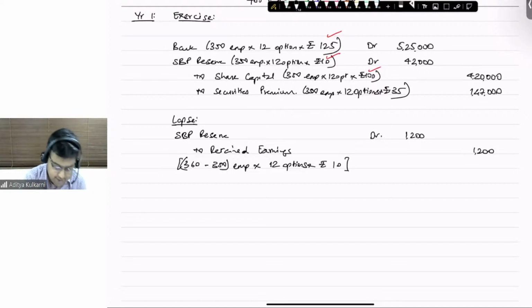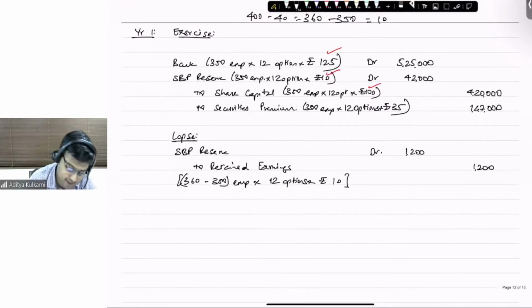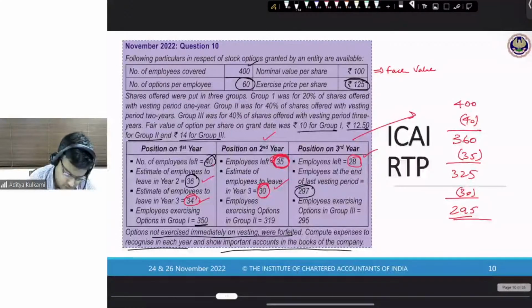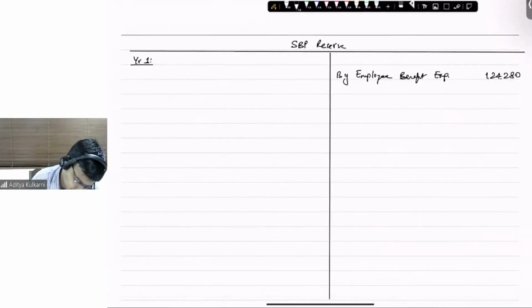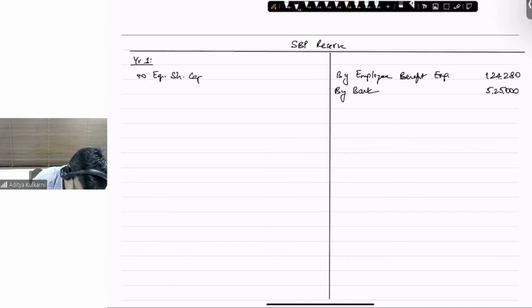Let us post these entries in the ledger. By bank, 5,25,000. To equity share capital, 4,20,000.